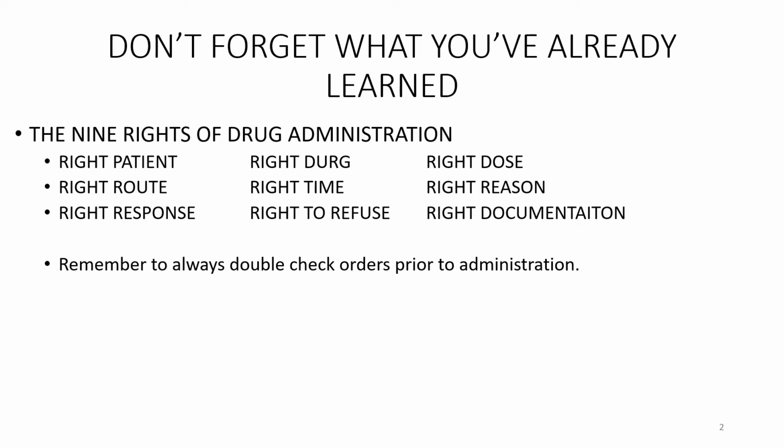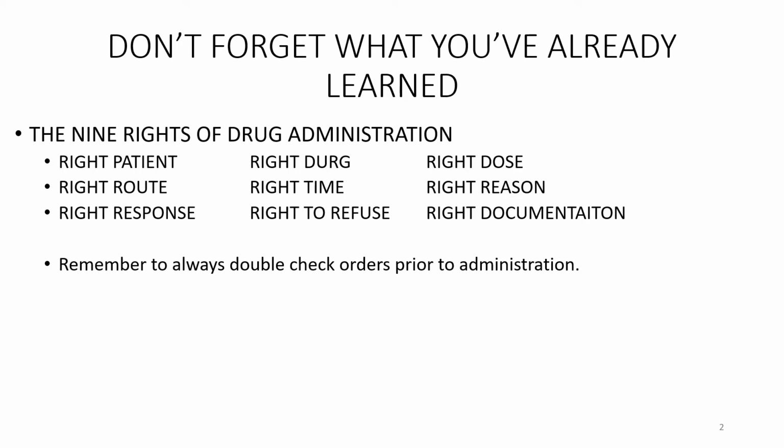I want you to also remember that we should always double check and triple check our orders prior to administration, and not only our orders. Remember, we want to be reading those drug labels at least 3 times before it actually reaches the body of that patient in whatever route it's been ordered.